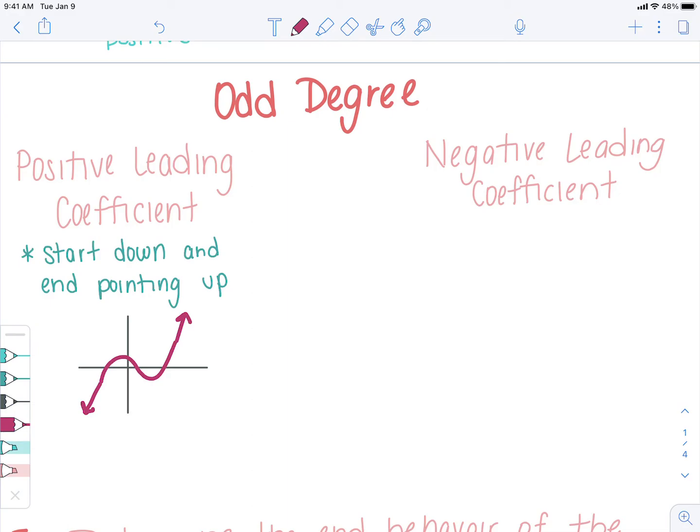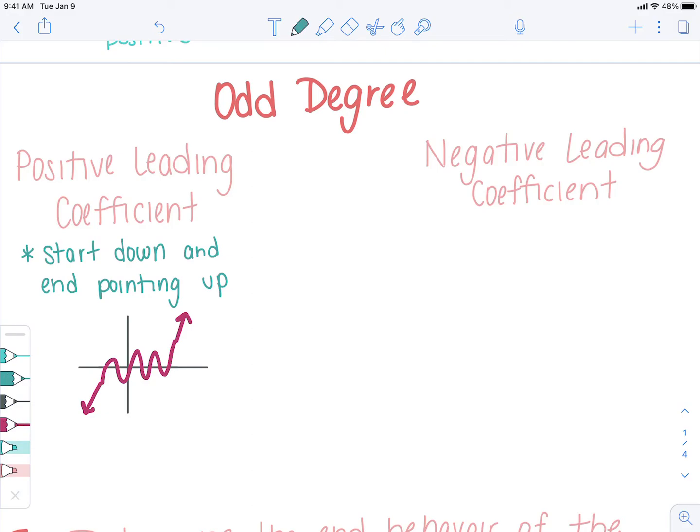It could be something simple like a cubic function. It could just be a straight line. It could be crazy. We don't care what's happening in the middle. We just care that the left side is pointing down and the right side is pointing up.